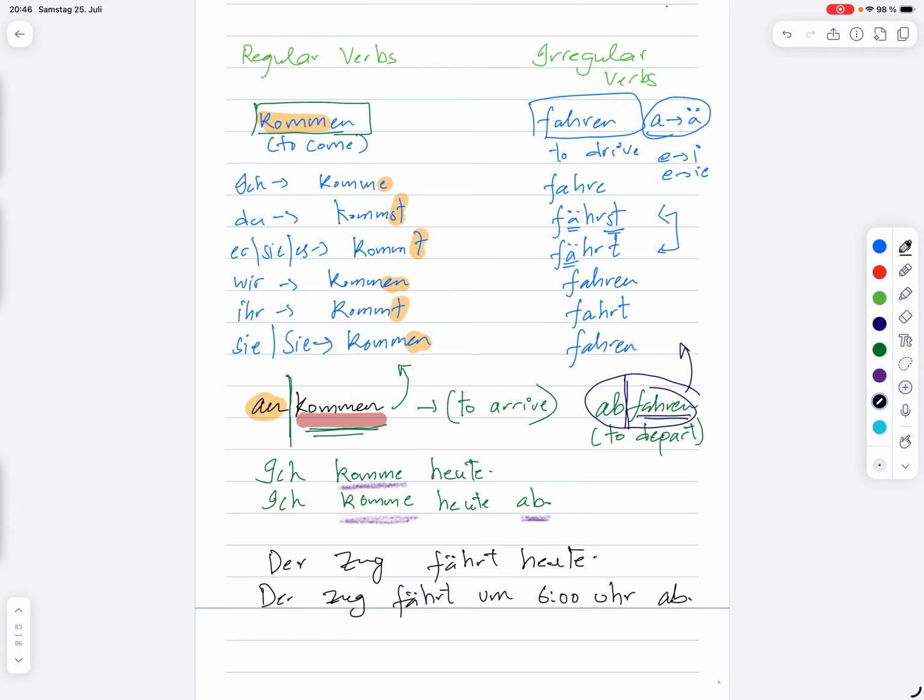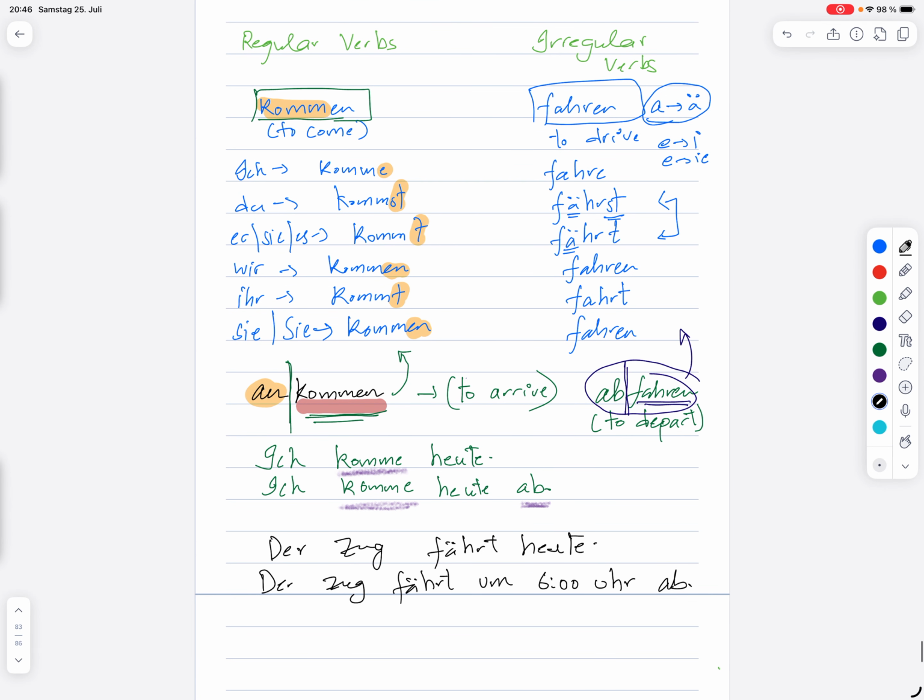Which means that the train will depart at 6 a.m., right? Now you can see I have the same conjugation of the fahren in the same way for the subject, and we follow the same rule, but the prefix goes at the end of the sentence, right?